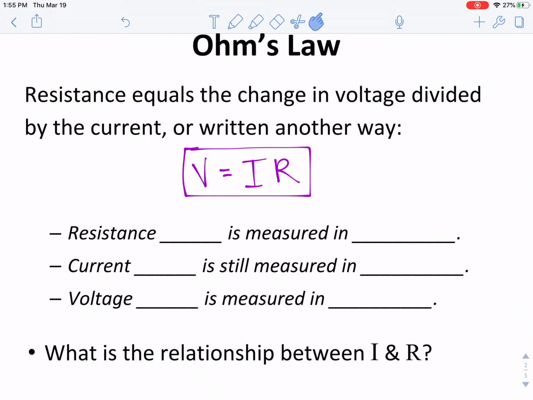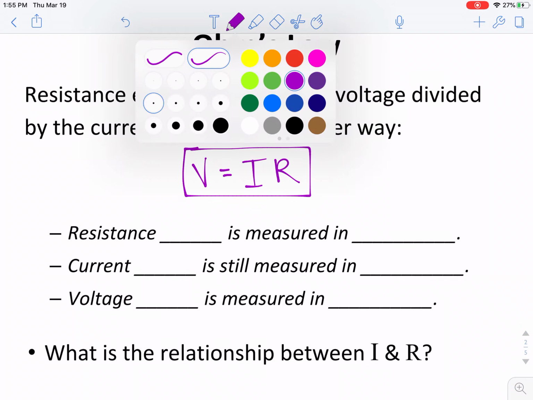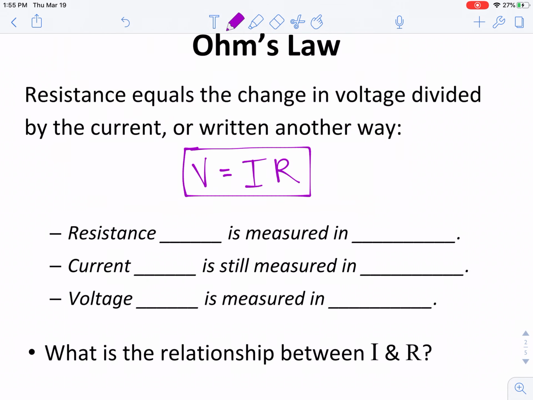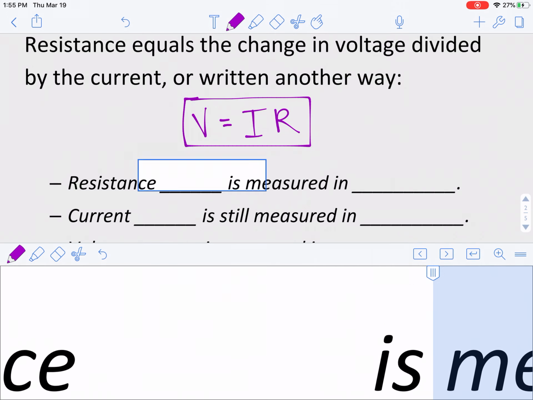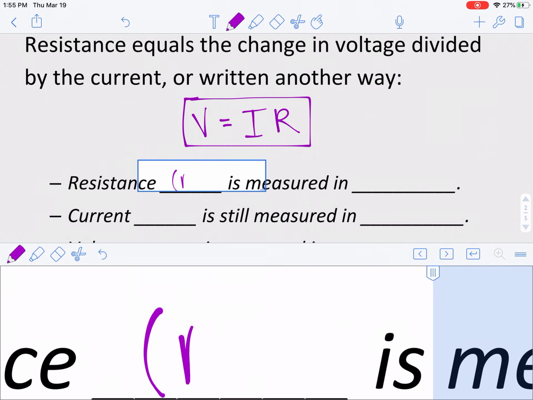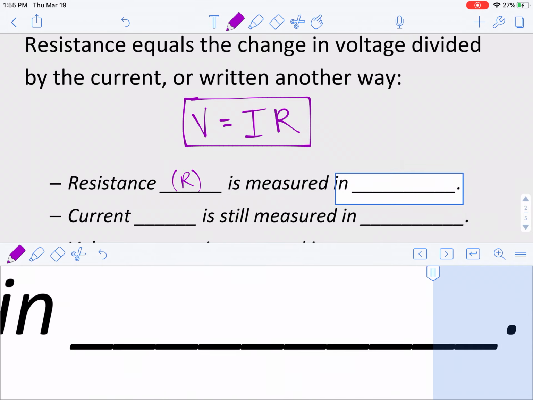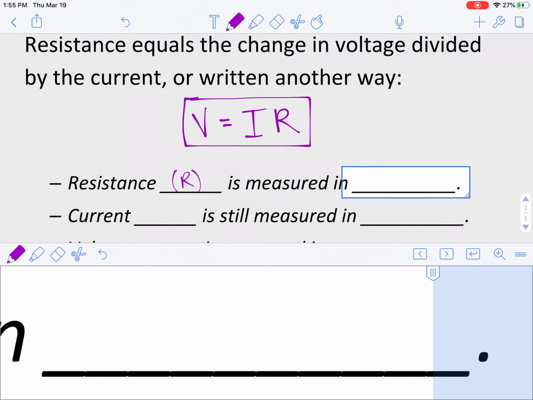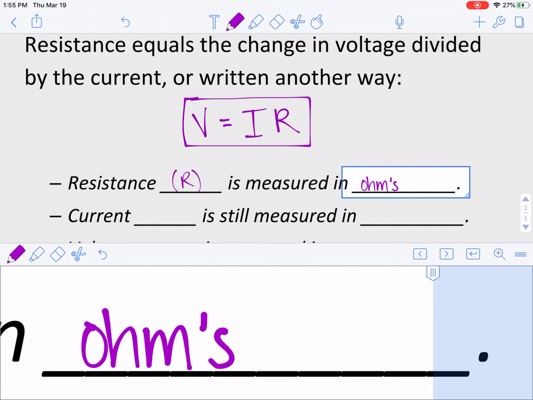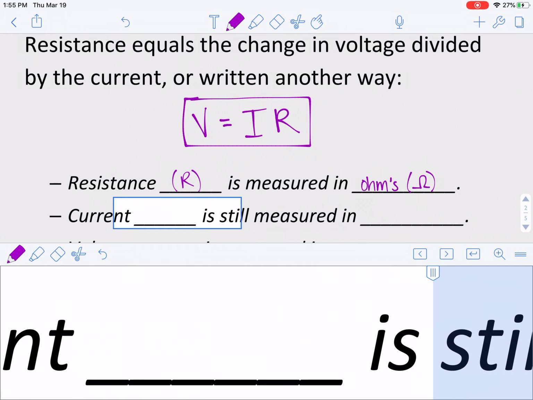So just as a quick review, because you've seen these three variables before: resistance, which we abbreviate with the variable R, is still measured in ohms. The symbol for ohms is that.